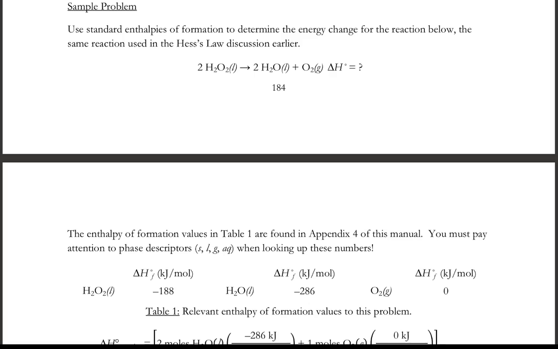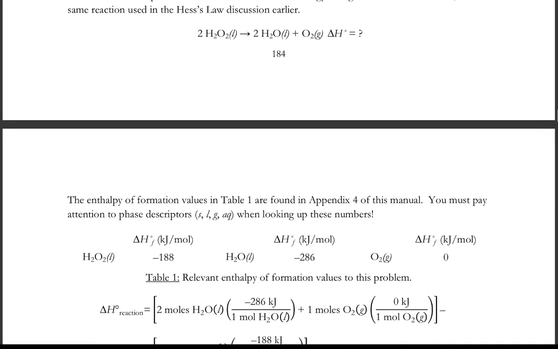We would look up the value for H2O liquid. Be careful to distinguish between the phases. We find its value to be negative 286 kilojoules per mole. We would look up the value for oxygen and find its value to be 0 kilojoules per mole. So again, the negative 188, the negative 286, the 0, those are in the appendix.